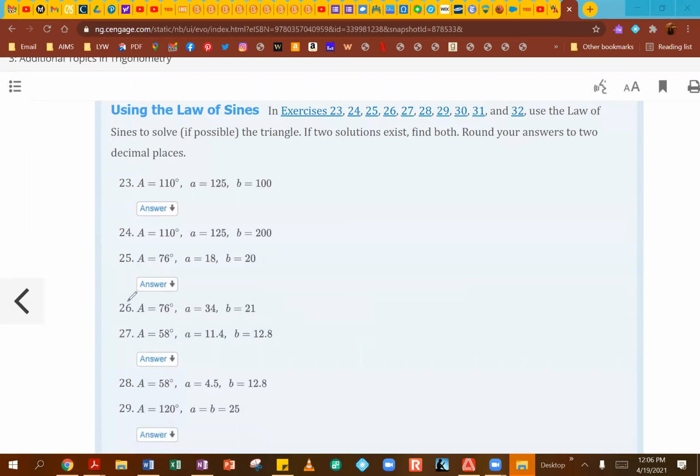So let's take a look at 26 over here. In this one, you will now see we are given A is 76 degrees. So that is an acute angle, right? Smaller than 90 degrees. And then sides A and B are also given to us. Let's see how this changes when you have an acute angle.